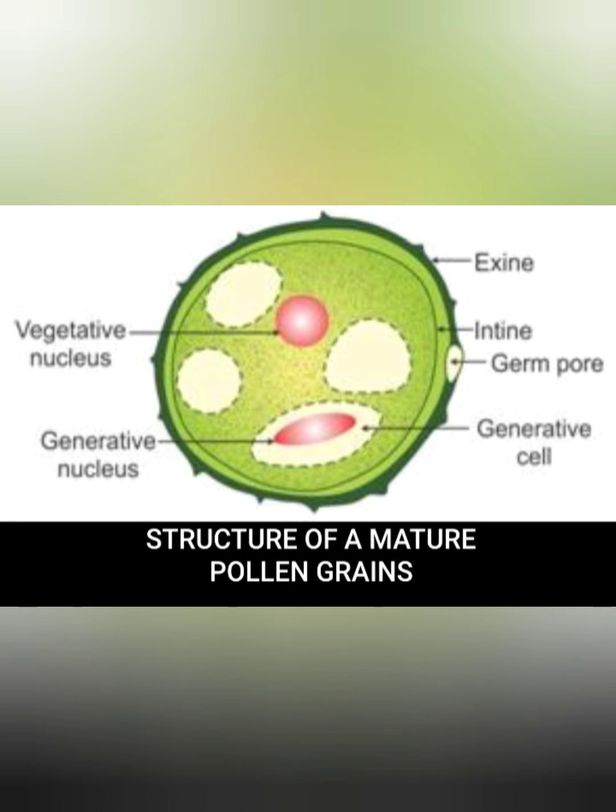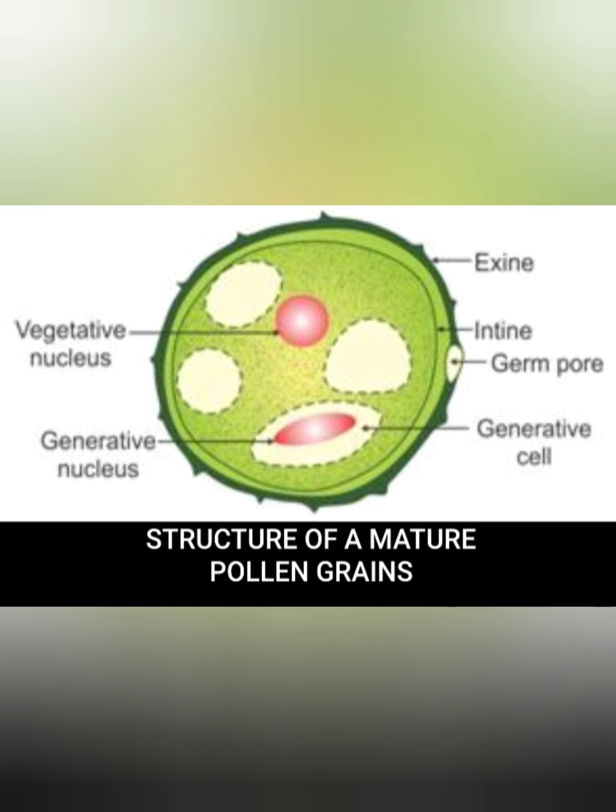Exine is the hard outer layer made up of a highly resistant organic material called sporopollenin. What is sporopollenin? It is resistant to high temperature and strong acids and bases. So enzymes cannot degrade or decompose sporopollenin.